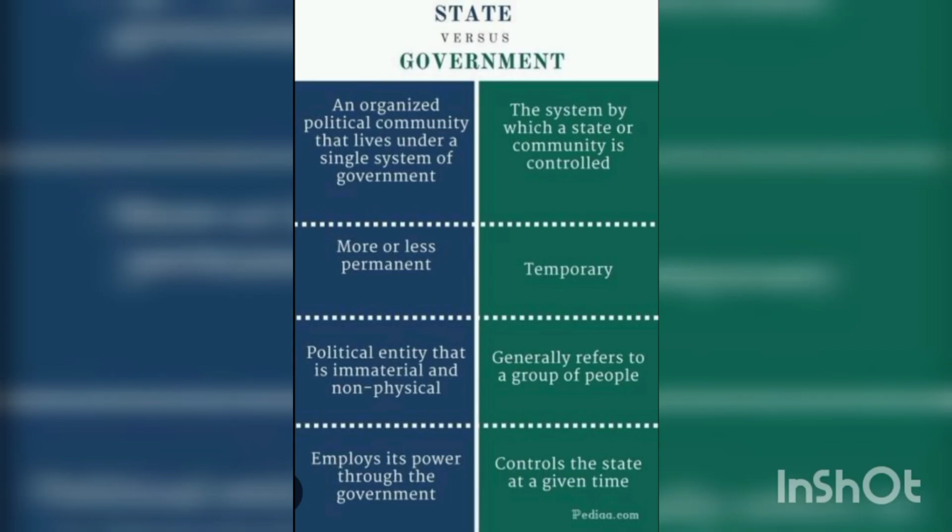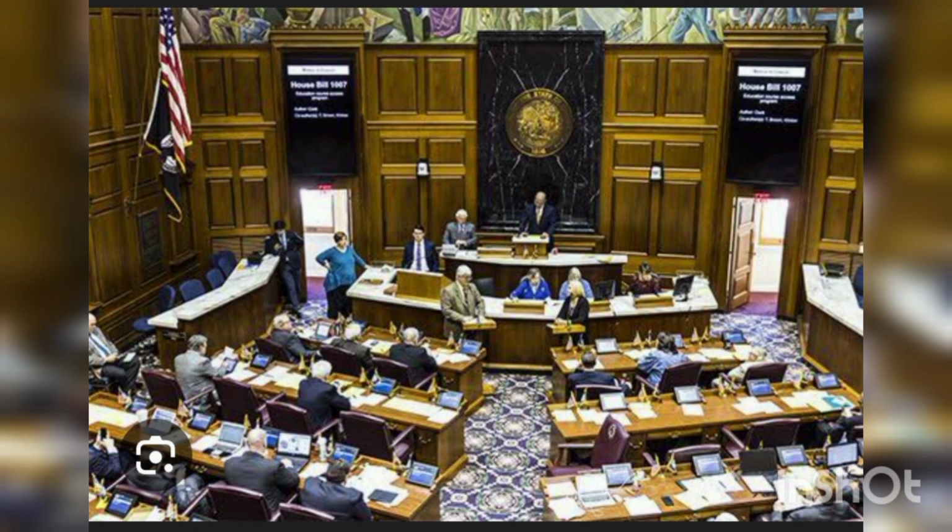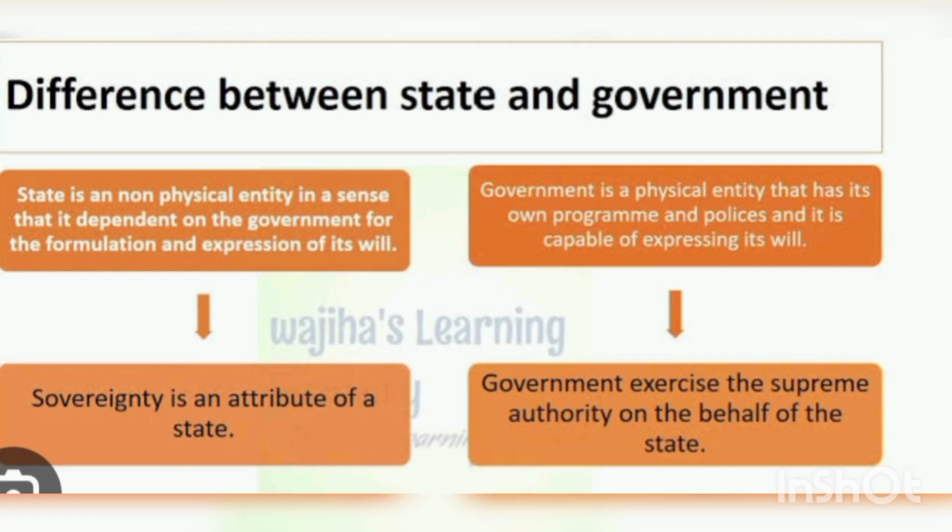So friends, I hope I cleared the idea about the meaning of the words state and government. Friends, state is a broader idea and government is the important element of the state. We can't imagine the state without an organized government. So let's take the differences between the state and the government.